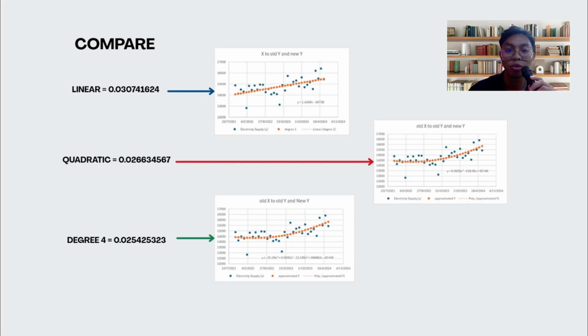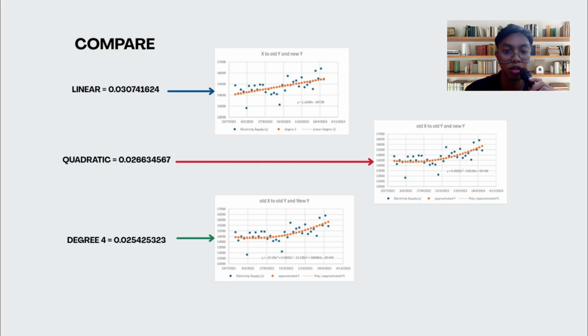Three regression models will be compared, which are the linear, quadratic, and 4th degree polynomial, using their error values. First, the linear model has the highest error, which is 0.0307, indicating the least accurate fit to the data.